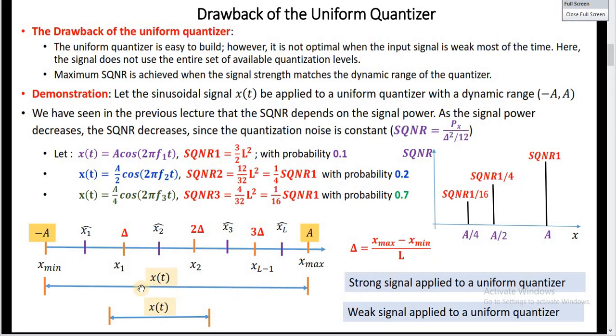As the signal power decreases, the signal to quantization noise ratio decreases. In this case, some of the levels on the extreme sides will not be utilized, meaning that only these levels around the origin will be occupied.